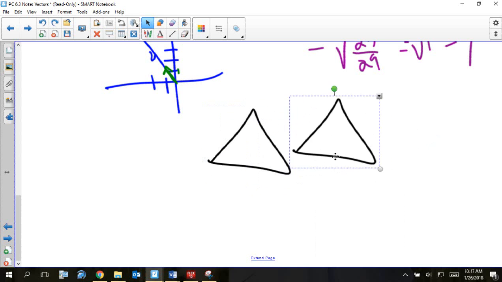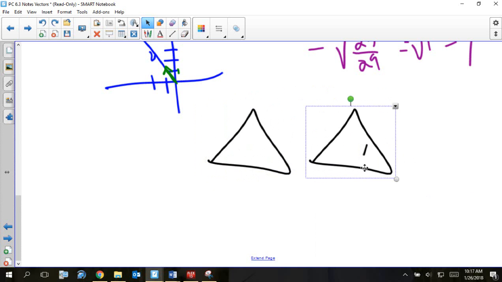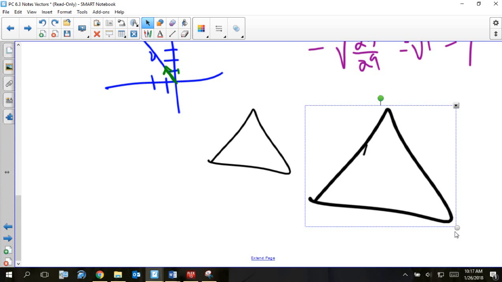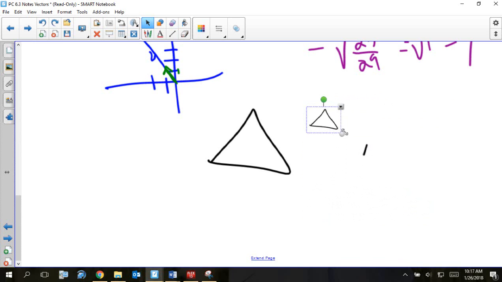So these are what kind of shapes? These are congruent, but then you could do this to it, and now it's a dilation. Or you could do this to it, and it's condensed down, but it's basically the same shape.